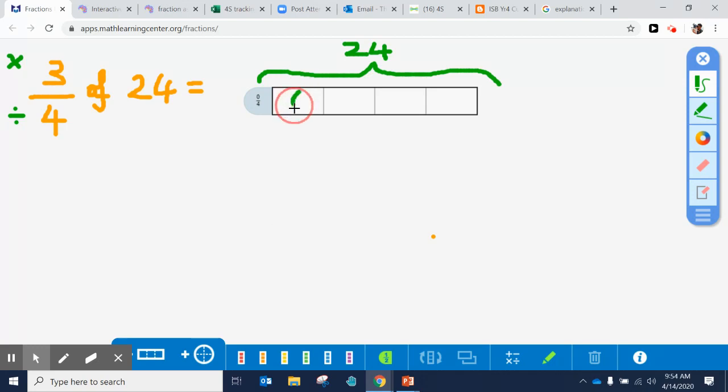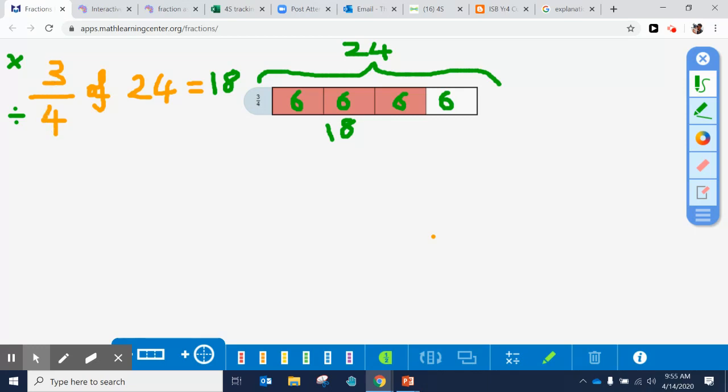Therefore, in each quarter, there is 6. And if I wanted to find out how many is in 3/4, 1, 2, 3. You can see that 3/4 of 24 is 18.